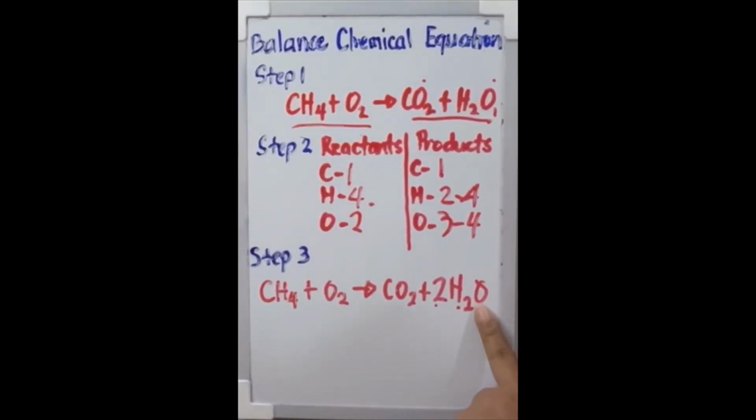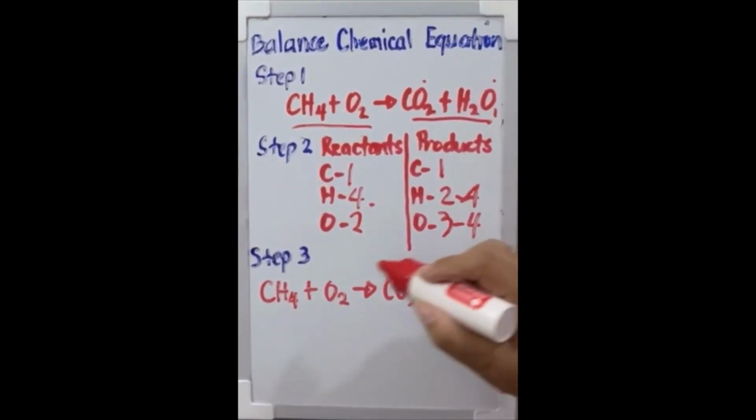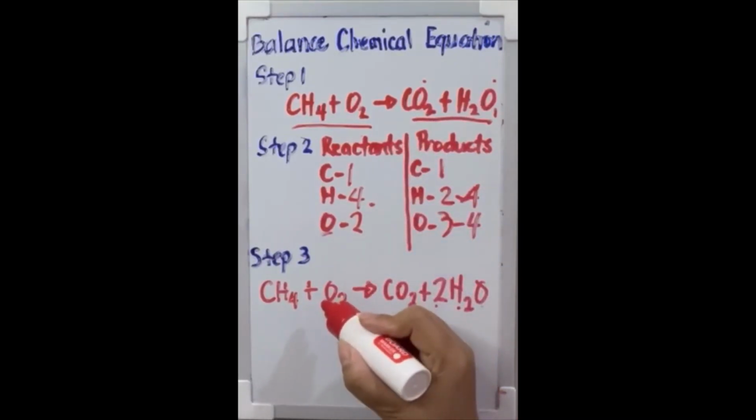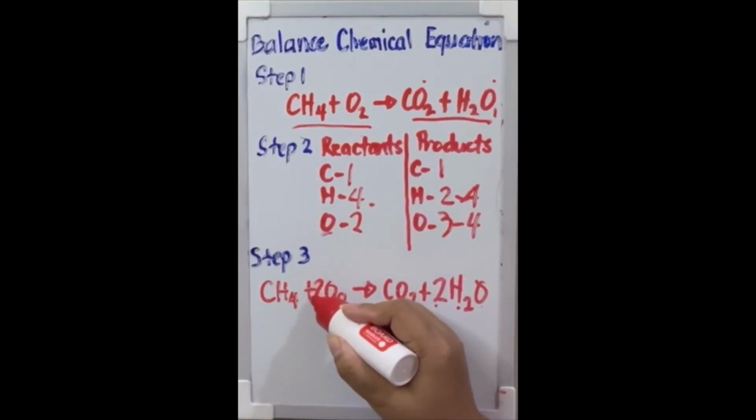Again, the number of oxygen atoms on this side becomes 2 because of this coefficient: 2 times 1 is 2, plus another 2 on this side, so this becomes 4. Now to make the oxygen on the reactant side also 4, we add a coefficient of 2.